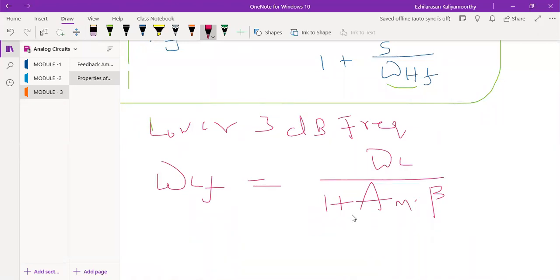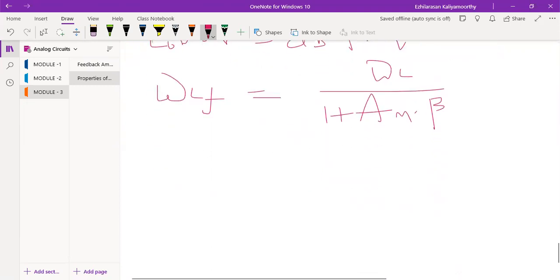So now the negative feedback is not only to extend the bandwidth, it works to minimize the change in gain magnitude, including its changes with frequency also. So let us show that diagram.